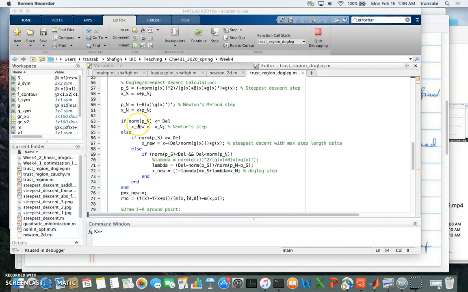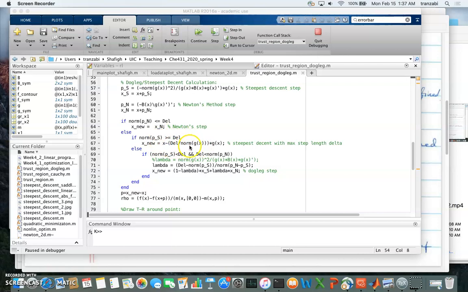We're going to compare the length, or the norm, of the Newton's direction. If that norm is less than or equal to our threshold delta, then we're going to keep Newton's method. Otherwise, we check if the norm of the steepest descent direction is bigger than delta, then we're going to keep the steepest descent direction.